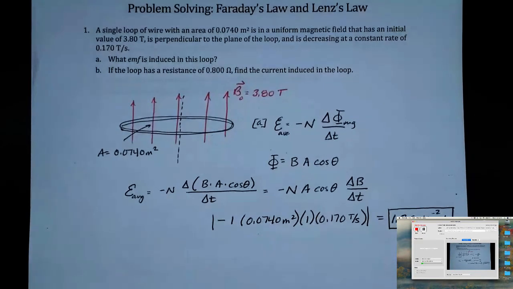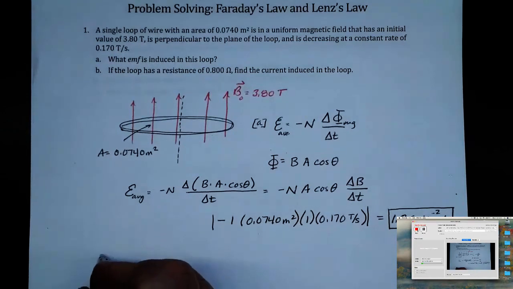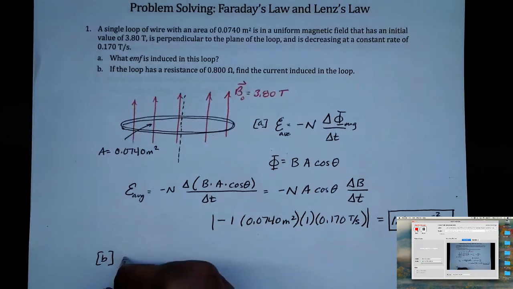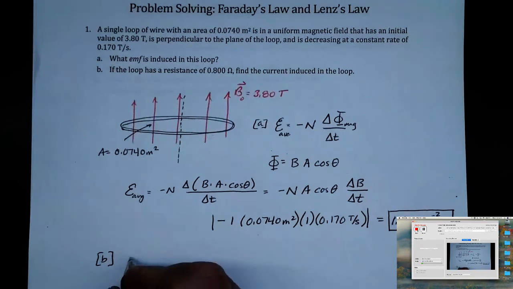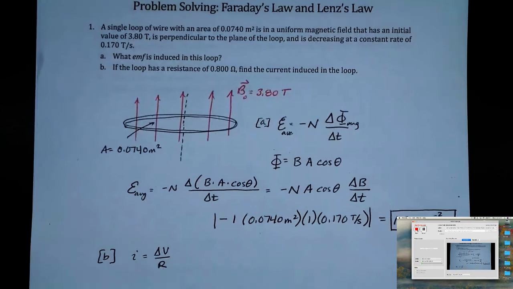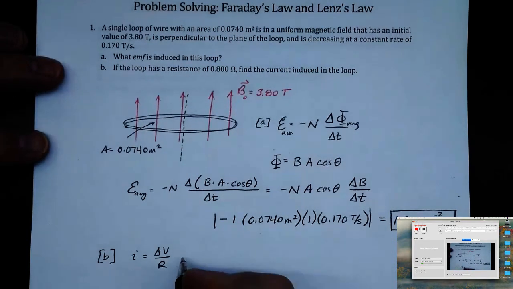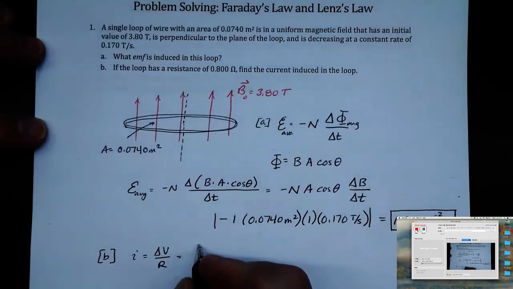Part B says, if the loop has a resistance of 0.8 ohms, what is the current induced in the loop? So here we're jumping back to our stuff from the circuits unit, Ohm's law specifically, saying that current is equal to the potential difference across something divided by the resistance. Potential difference has units of volts. This induced EMF has units of volts.